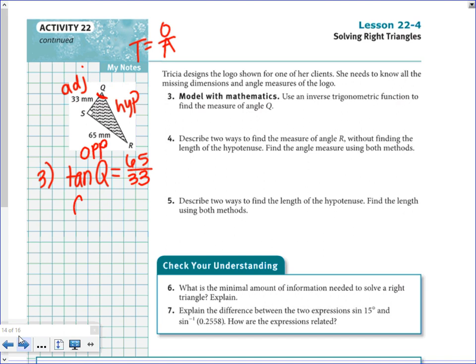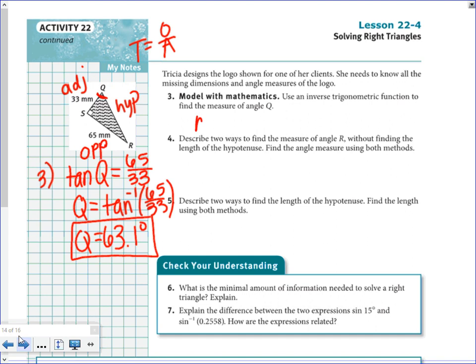So then, to find angle Q, the tangent inverse of 65 over 33. If you use your calculator, you should get 63, and they don't tell you what to round to, so I'm just going to go to one decimal place. 63.1 degrees. So that would be for number 3, finding Q.